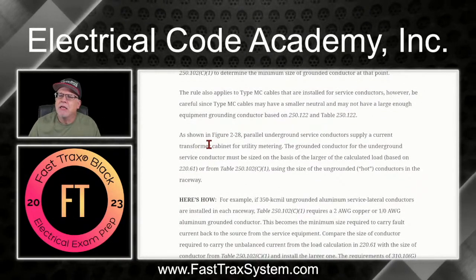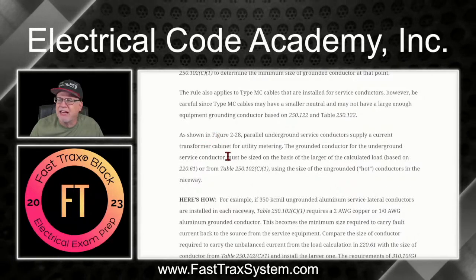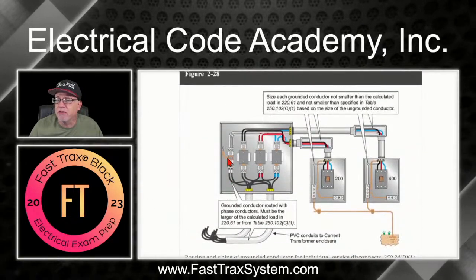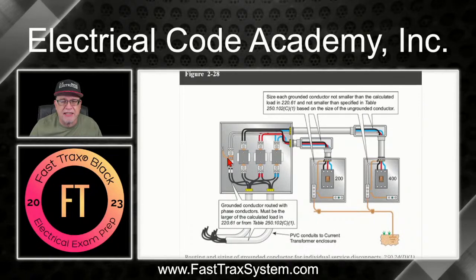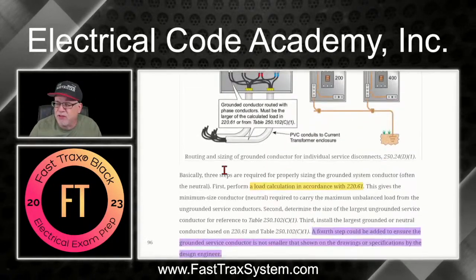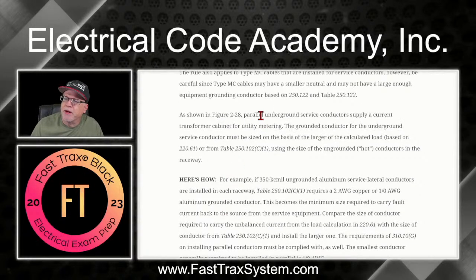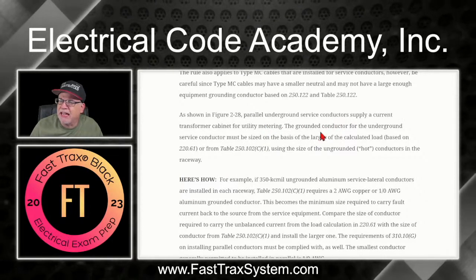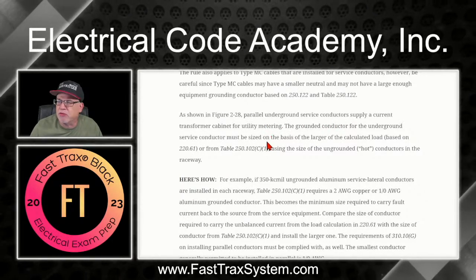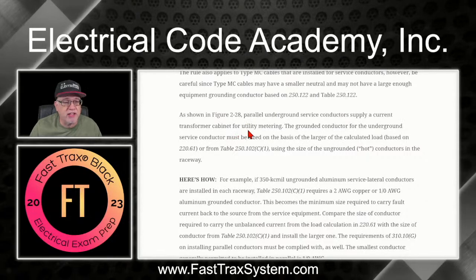All right, now, as shown in Figure 2-28, and again, I'll just reiterate it, to get you an idea of what we're talking about. As in this figure, it says parallel underground service conductors supply a CT or current transformer cabinet for utility metering.